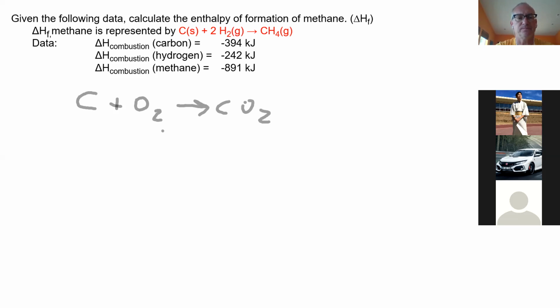Combustion for hydrogen. How would we write that? So if the combustion of carbon is C plus O2, what's the combustion of hydrogen? Would it be hydrogen plus O2?